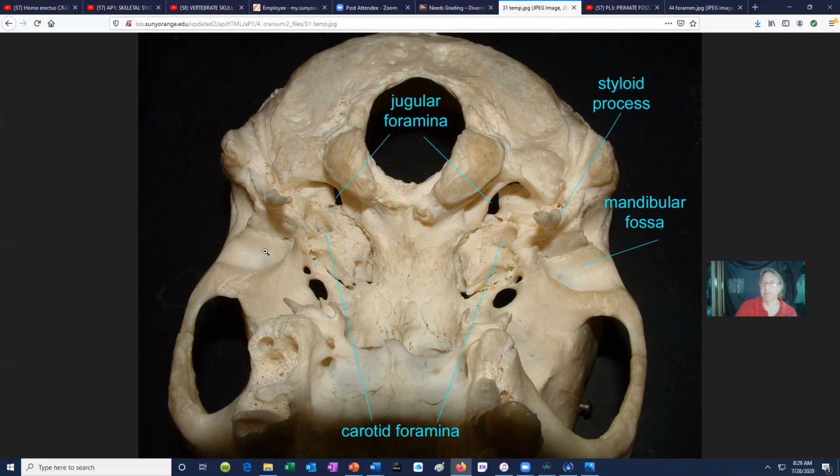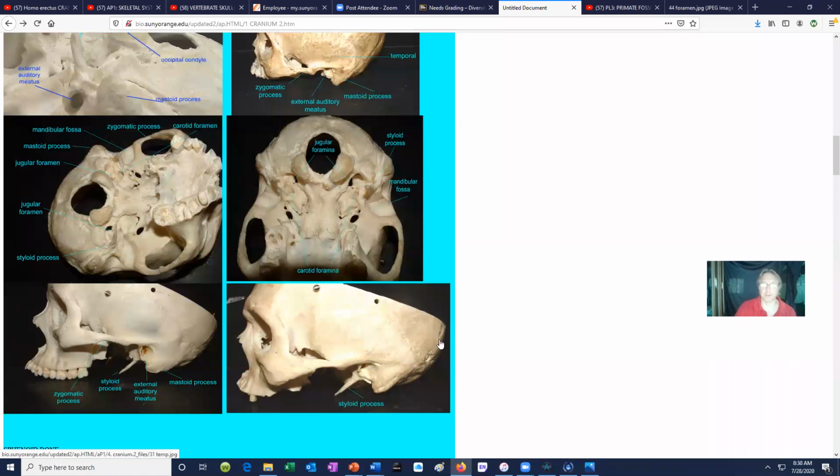And in the area between the styloid process and mandibular fossa and the occipital condyles, you would see two openings, a narrow tube through a bony core of the temporal bone, that's the carotid foramen, or in plural foramina, and then the broader jugular foramina for the jugular vein and some cranial nerves. And so there are a couple of structures there of interest.